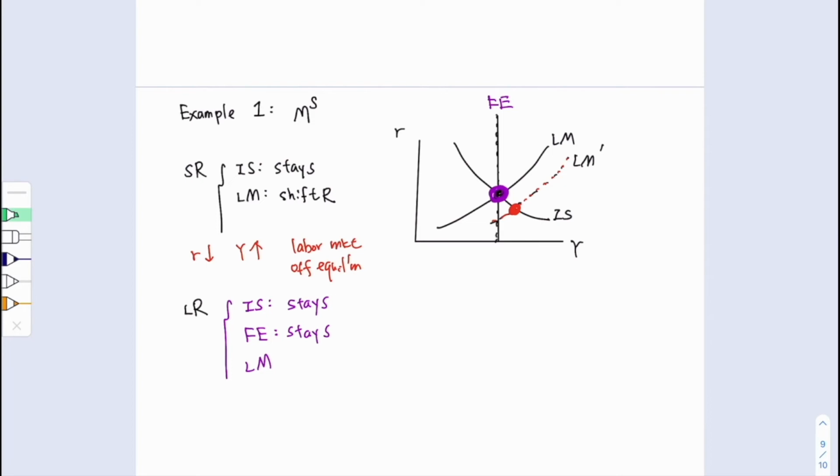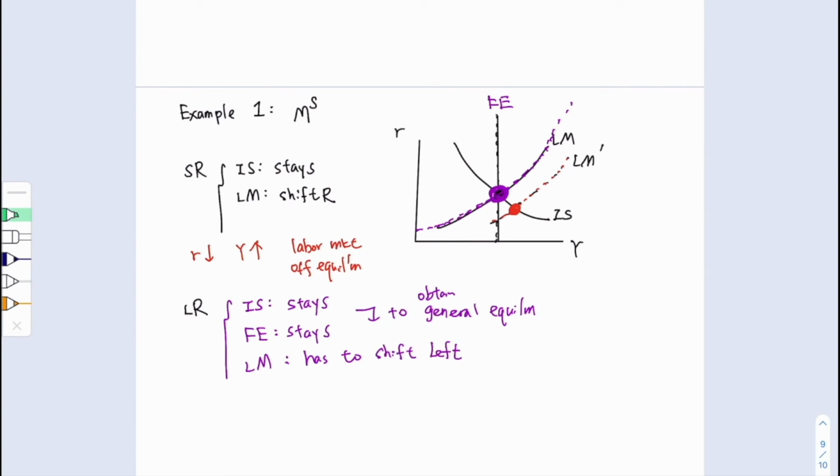But the money market also needs to be in equilibrium in the long run, and the LM curve needs to move back to the original position such that the money market restores equilibrium. So in order to attain the general equilibrium, the LM curve has to shift to the left.